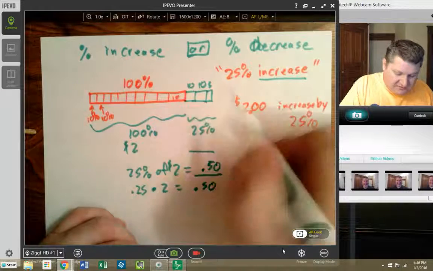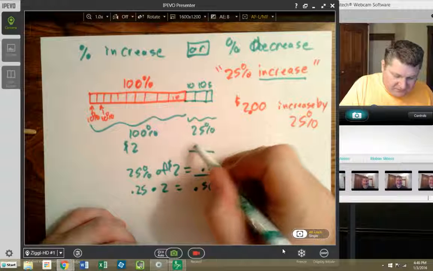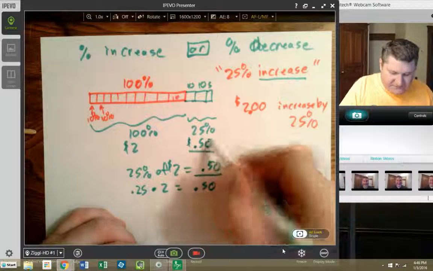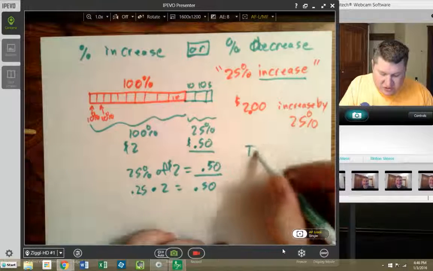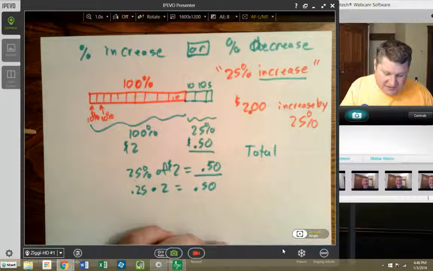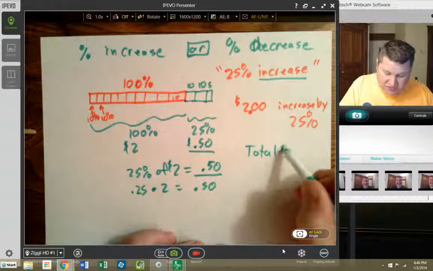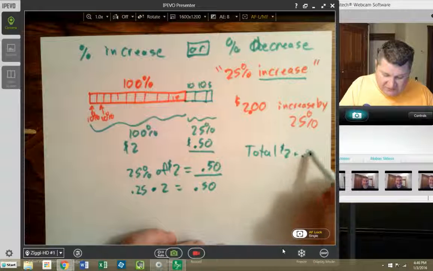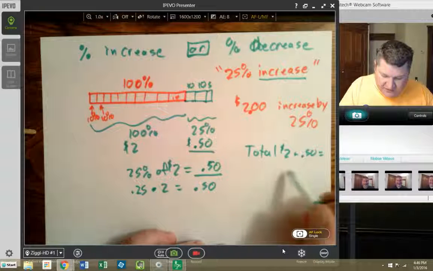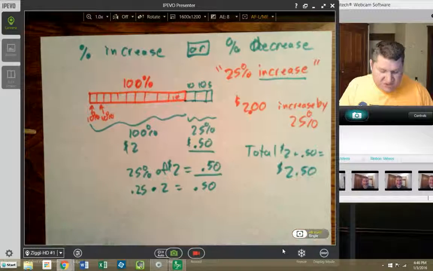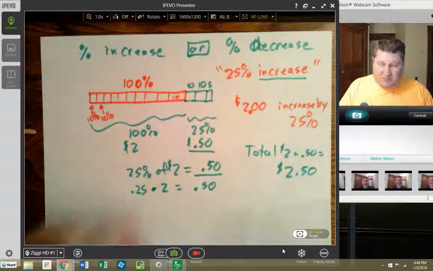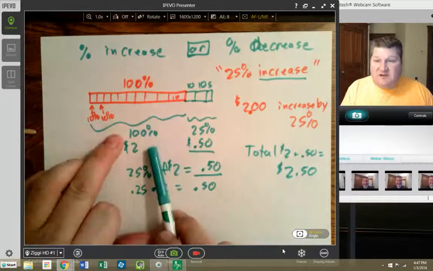So if this represents $2, this represents 50 cents. What would the total be after the increase? You would take $2 plus the increase of 50 cents, and the answer would equal $2.50.